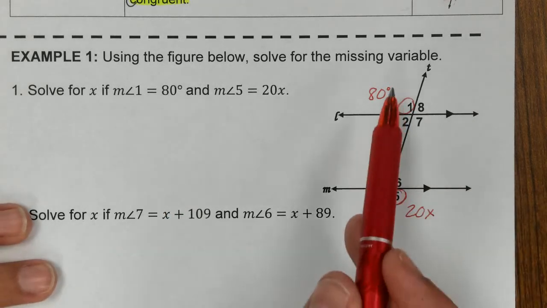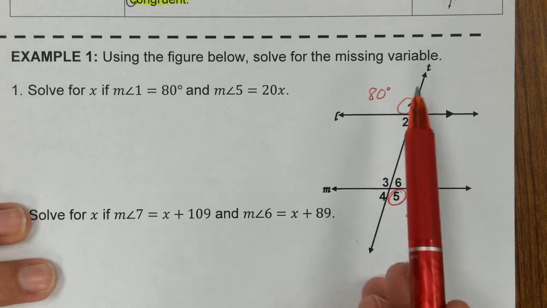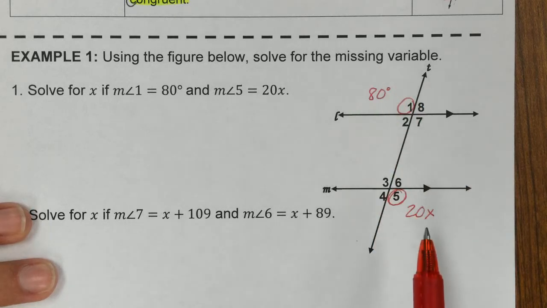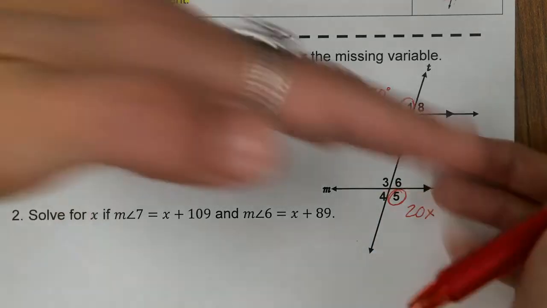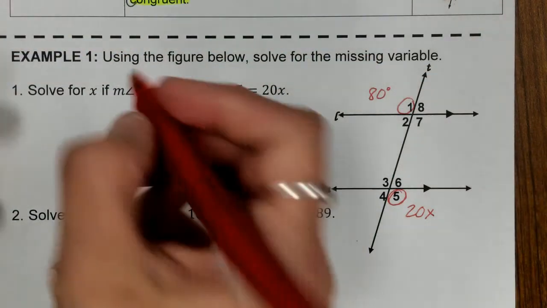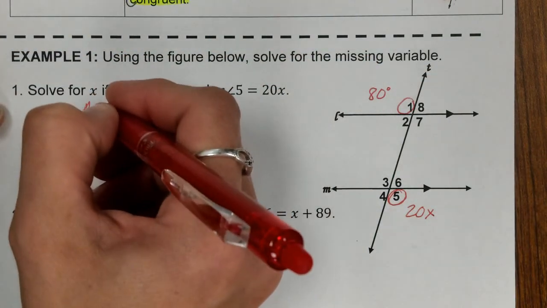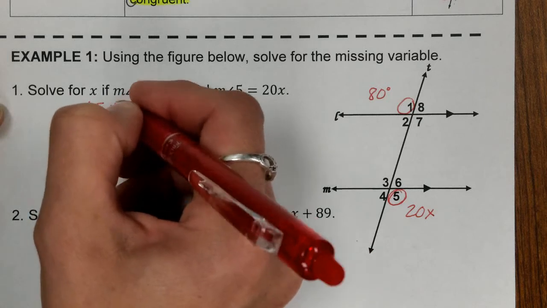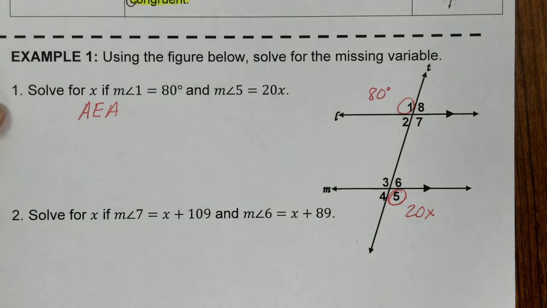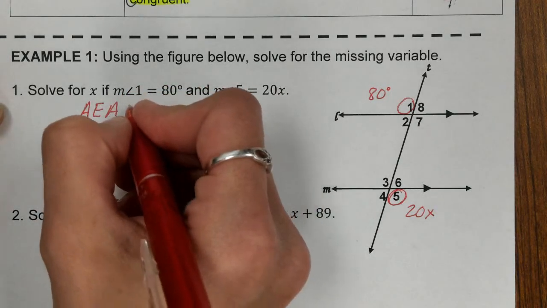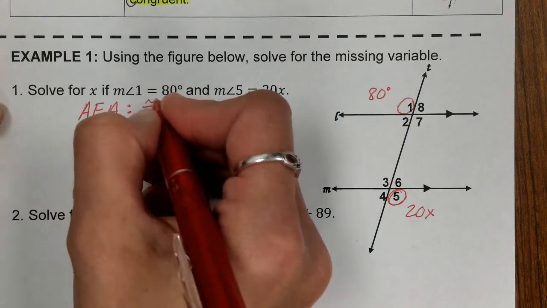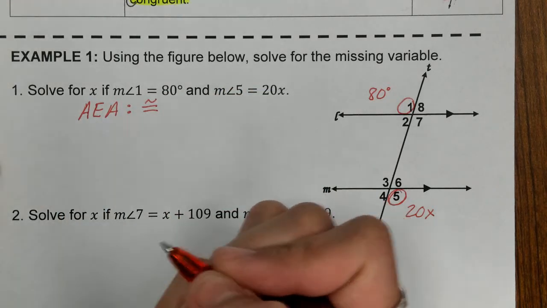So we first need to look at what kind of angles do we have. Well, we are on alternate sides of that transversal, and we are exterior. So here we need to note we have alternate exterior angles, and we know that alternate exterior angles are going to be congruent, meaning the measurements are equal.